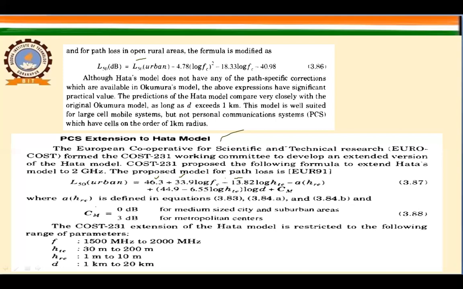CM is a parameter for medium sized city or suburban and metropolitan centers. So this is valid only in medium sized city and suburban areas, not in an urban area or open area.